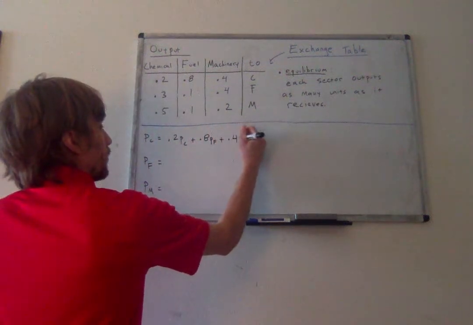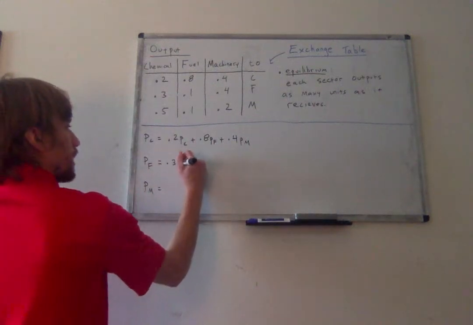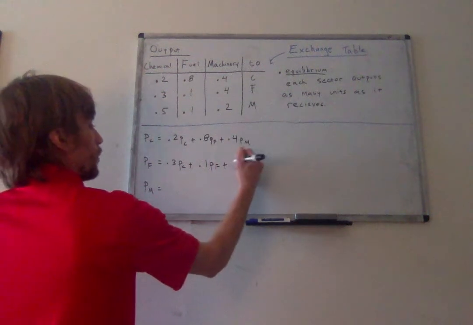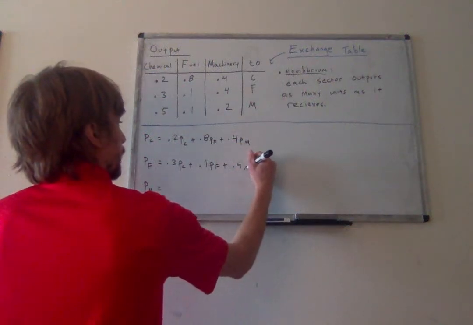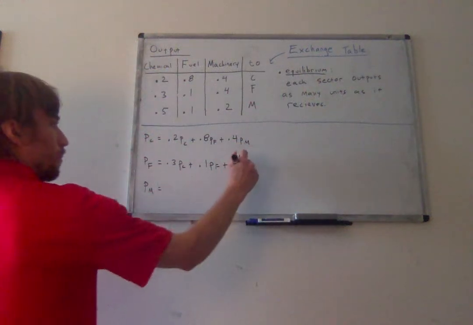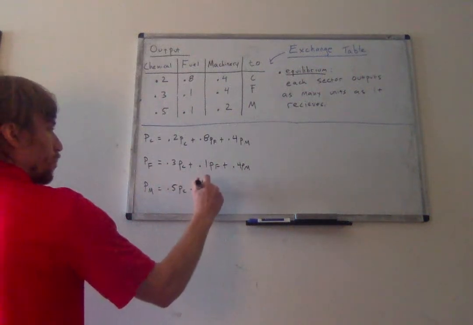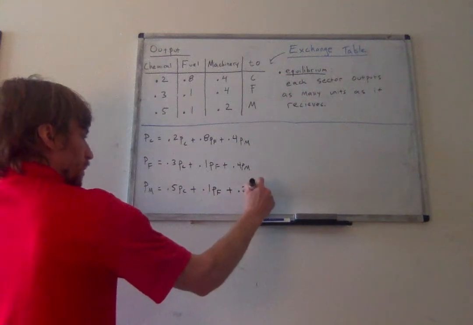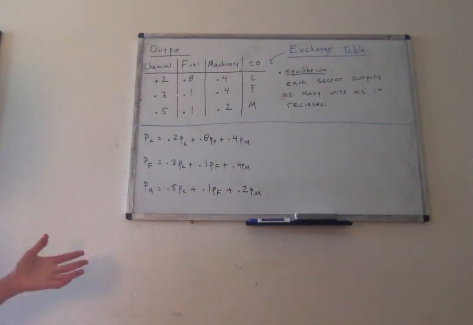And again, because we have this nice exchange table set up, we can just read horizontally in order to determine the input of each sector: 0.5 piece of C plus 0.1 piece of F plus 0.2 piece of M. Notice I've just assigned these arbitrary variables, p sub c, p sub f, and p sub m, to represent the outputs.